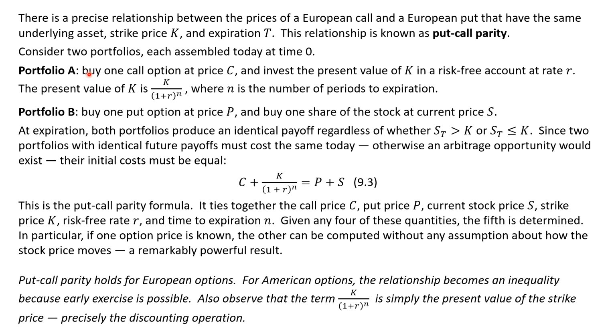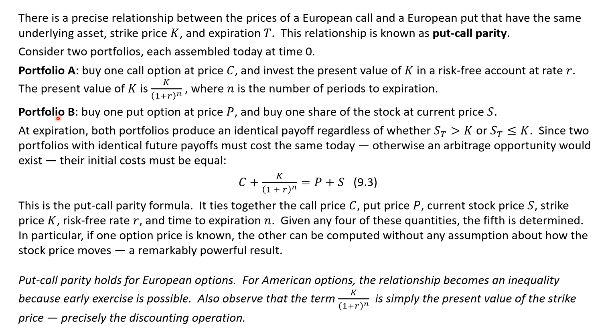In portfolio A, we buy one call option at price C and invest the present value of K in a risk-free account at rate R. So the present value of K would be K divided by 1 plus R to the N, where there are N periods until the time of expiration for the call.